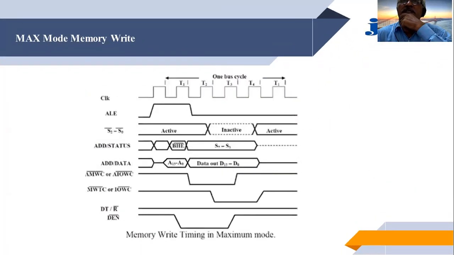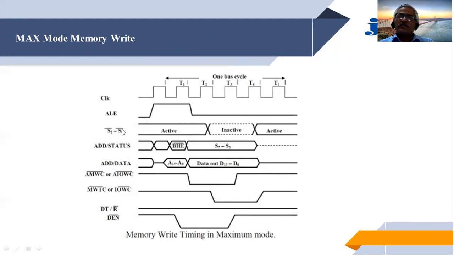Then we have the read and write operation for the maximum mode. We know the maximum mode signals: the IO read, IO write, memory read, memory write signals. They are not directly available on the 8086, but they are generated using the status pins S0 to S2.